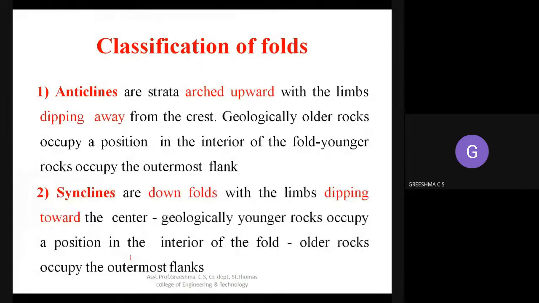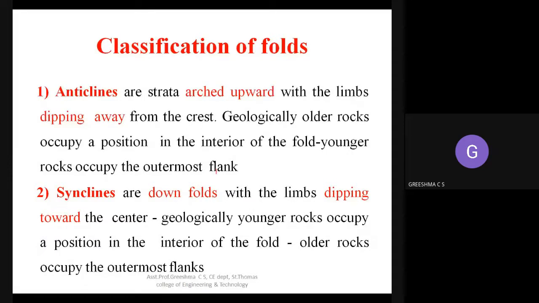Geologically, older rocks occupy a position in the interior of the fold, and younger rocks occupy the outermost flank. In the rock, the old rocks will be in the interior, and on the outer side you will have the young rocks, because the rocks keep on forming.